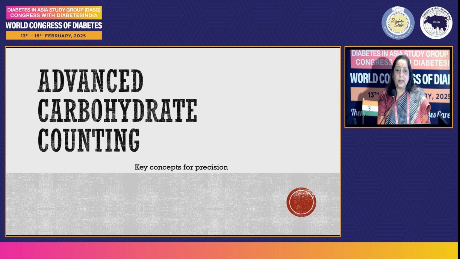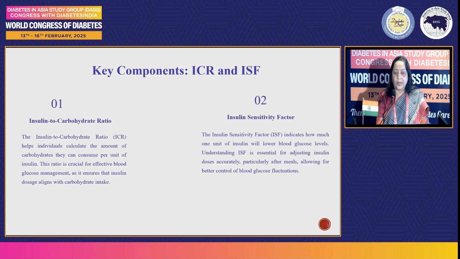We will now discuss advanced carbohydrate counting. So what is advanced carbohydrate counting? The main thing is the insulin carbohydrate ratio. The insulin carbohydrate ratio helps individuals calculate the amount of carbohydrates they can consume per unit of insulin. The ratio is crucial for effective blood glucose management, and it ensures that insulin doses align with carbohydrate intake.